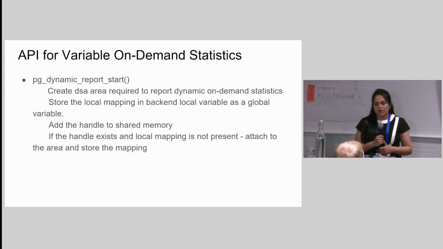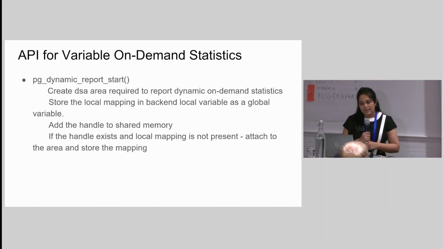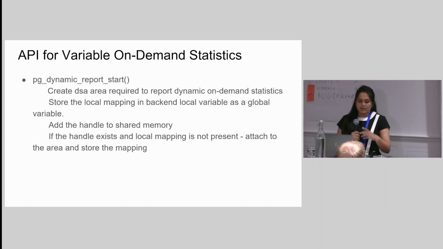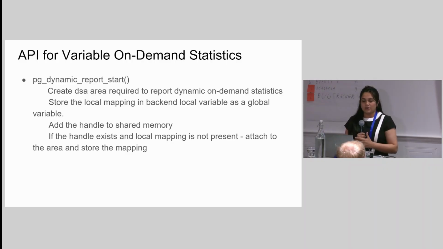So we can think of developing an API for this, which can be used for future on-demand statistics, which would be variable stats and which would require dynamic shared memory. I tried to encapsulate some of the individual steps that I had to do while writing this function into a common function that could be used by other functionalities like this.